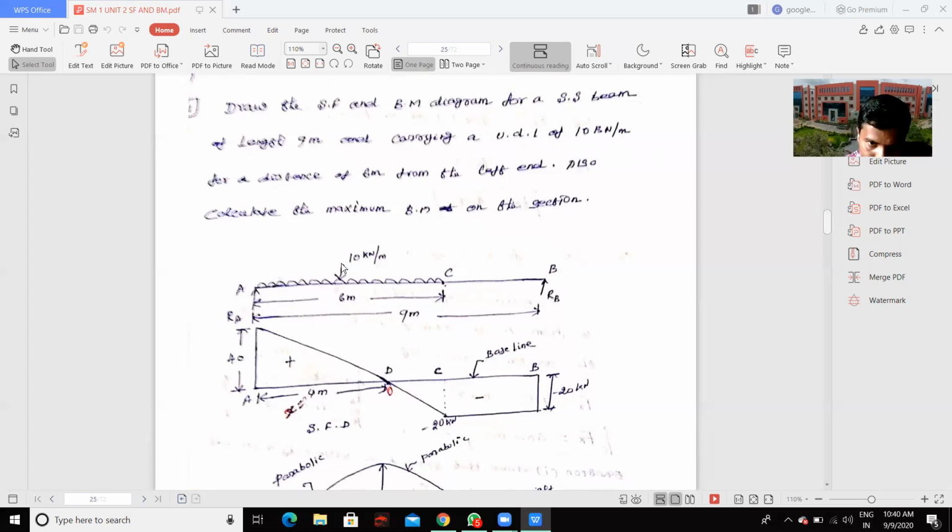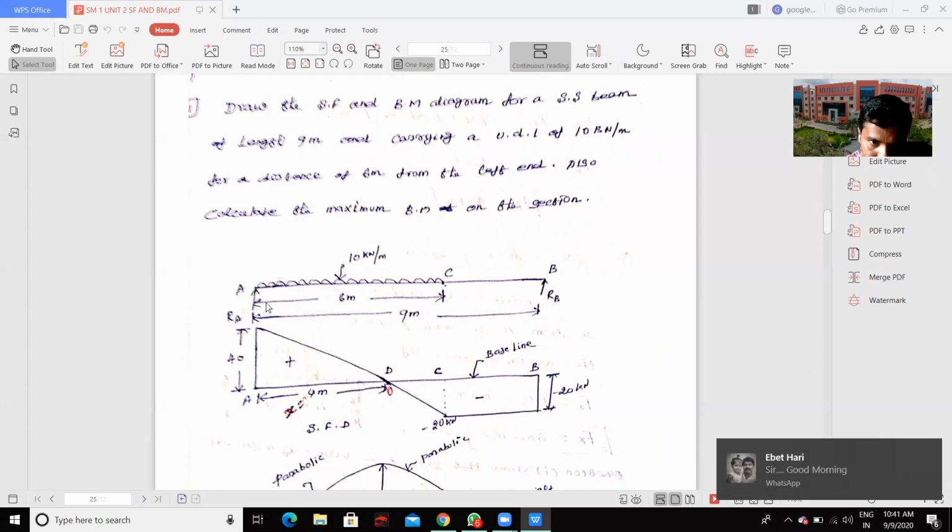Then this 10 kilonewton per meter UDL is acting, therefore it will convert to a point load at the center. So 10 into this distance, the UDL distance is 6. Therefore 10 into 6, acting at the center. So 10 into 6 means 60 kilonewton acting at the center at a distance of 3 meters. So 60 into 3.